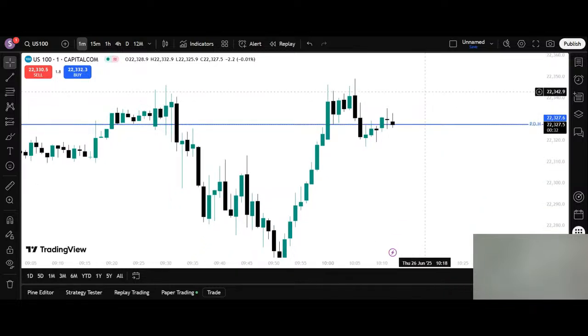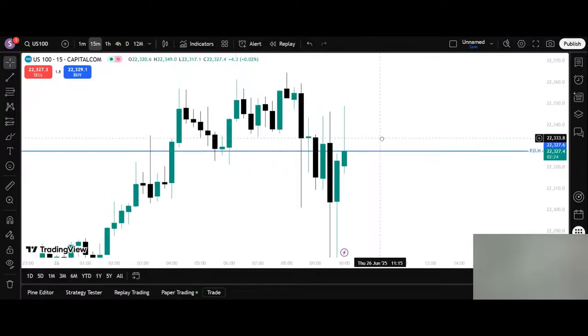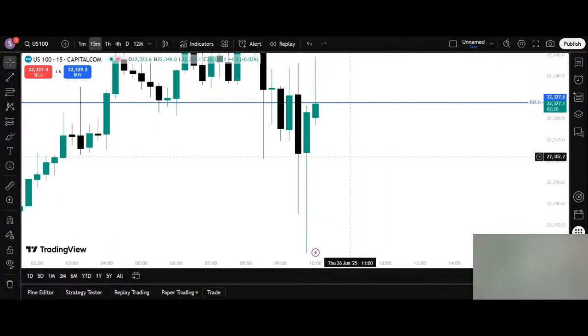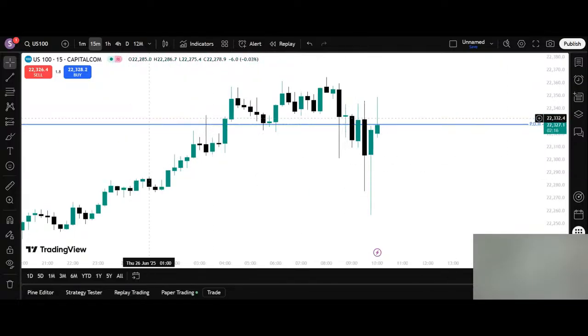Let's just wait for the 15-minute candle to close. Only 2 minutes left, approximately, and it will give me a good idea if the price is gonna pump more or go down a little, retrace. And that's what I want to see. 2 minutes left.